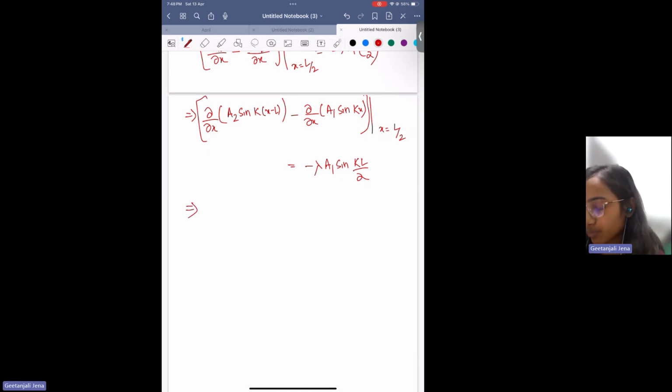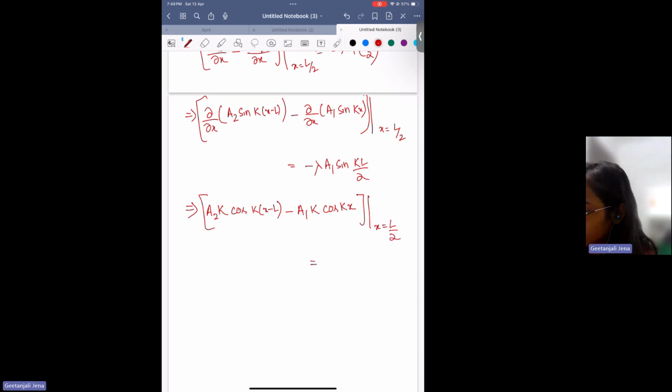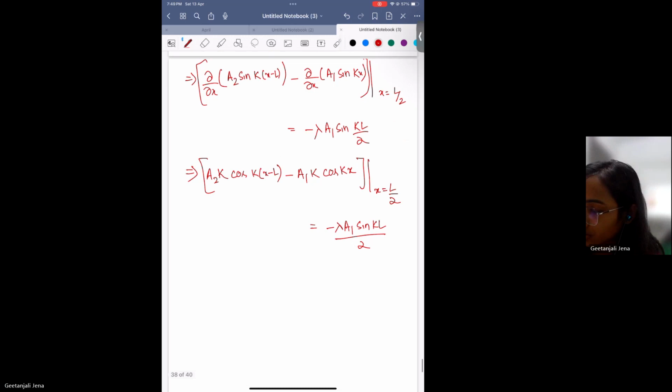Now you have to just take the derivative and put x equal to L/2. This first term will give A2 k cos k(x minus L) minus A1 k cos kx, evaluated at x equal to L/2, and the right hand side is lambda A1 sin(kL/2). Now put x equal to L/2 here.